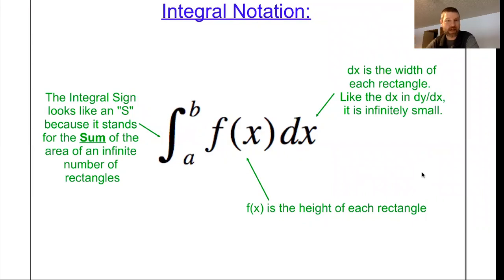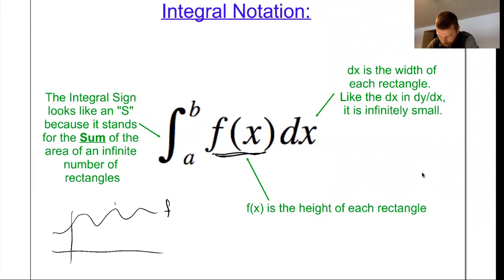Well, you take the base times the height. F of x would be the height of your rectangle. If I had some function, where that's my f of x, and I drew a bunch of rectangles there, the height of each of those rectangles would be f of x, right? That's this line right here. So that's the height of all the rectangles.